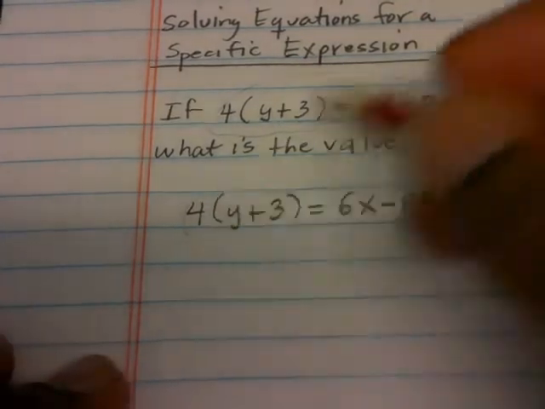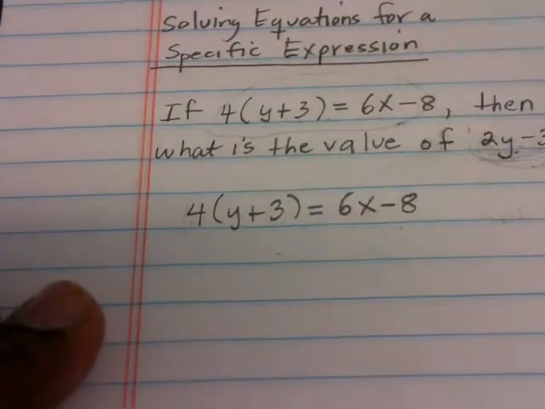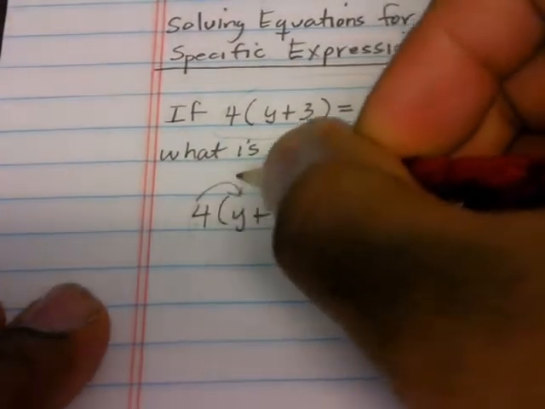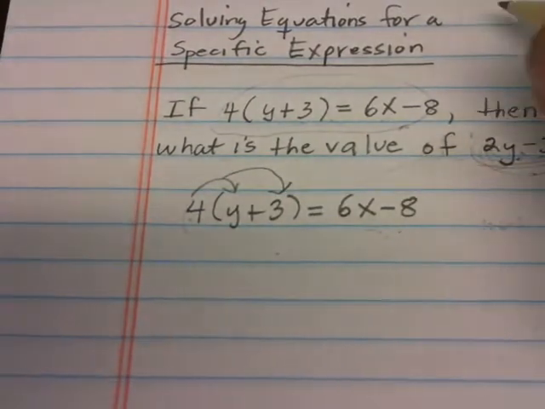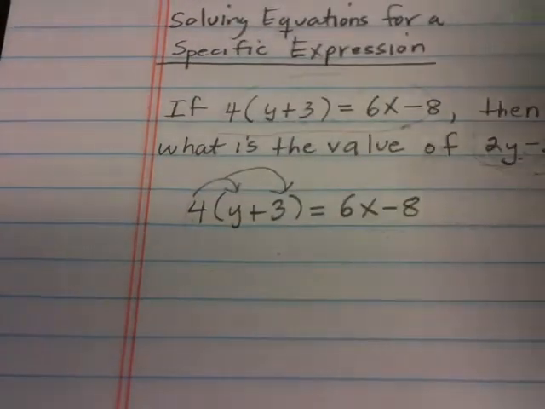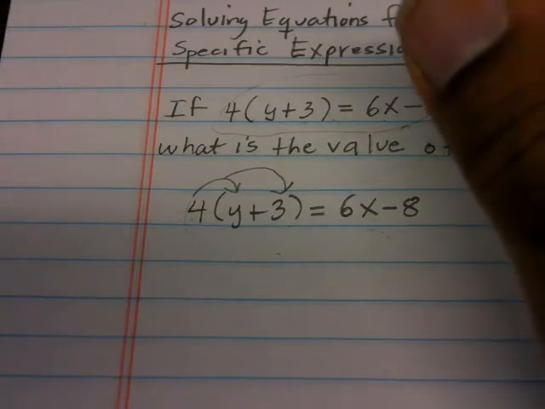So we'll go ahead and multiply 4 into this, using the distributive property. There's a time that you can use the distributive property, and there's a time that you don't have to, and you just divide or use the multiplicative inverse to cancel out your whole integer numbers.